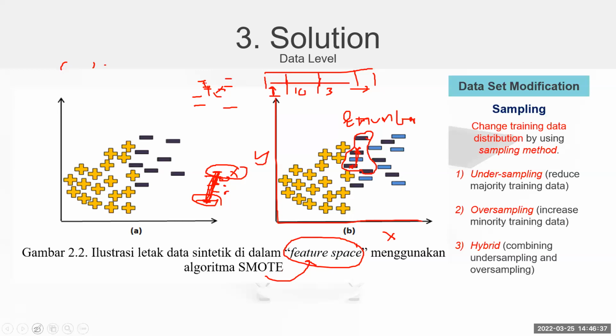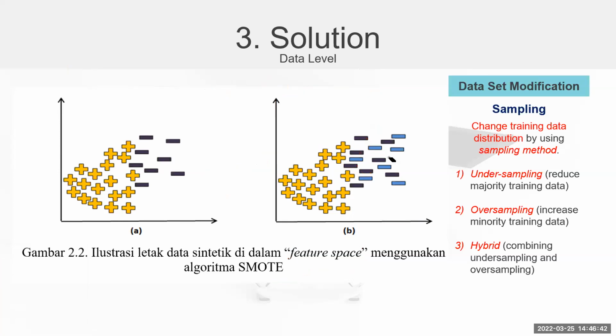So what's the effect of this method? Because it explores the feature data, the model's decision border is getting bigger, getting larger. So it can increase the accuracy on minority data, higher than before.